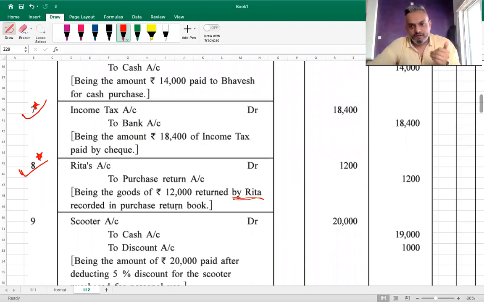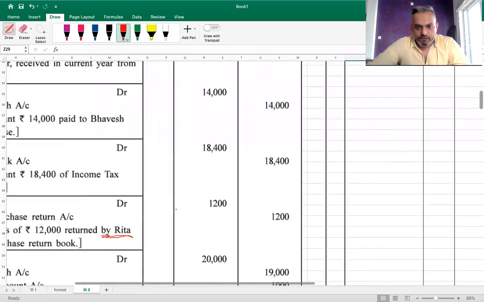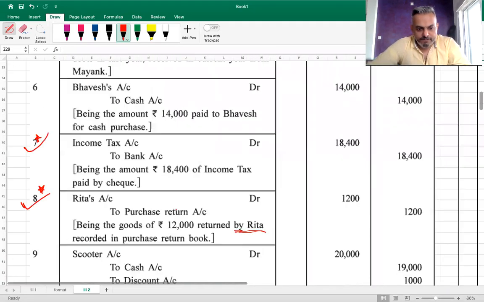It is sales return wrongly recorded as purchase return in the purchase return book. So we need to rectify this error. So let's write the wrong entry first.